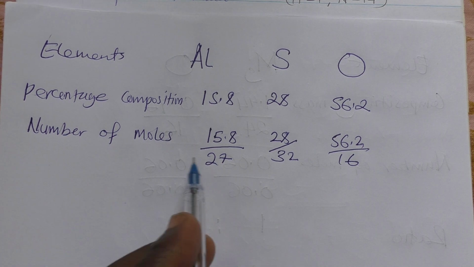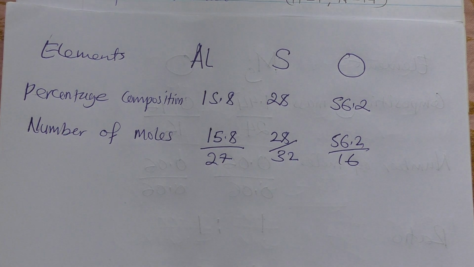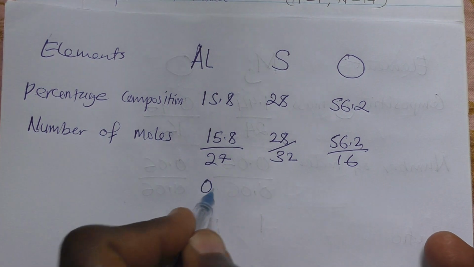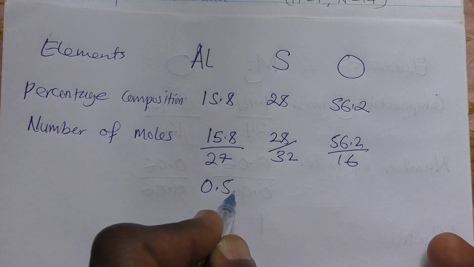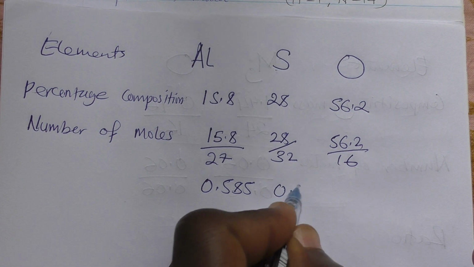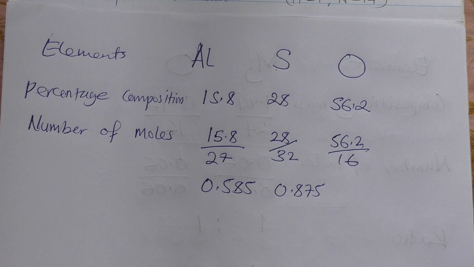And then when we divide, 15.8 divided by 27 gives us 0.585. Then 28 divided by 32 gives us 0.878.